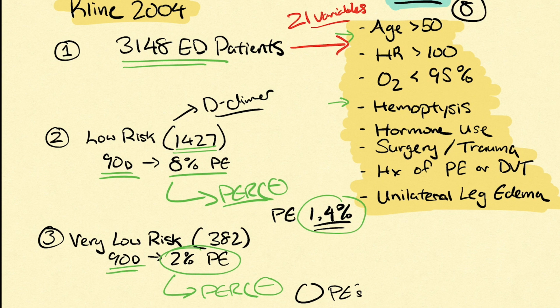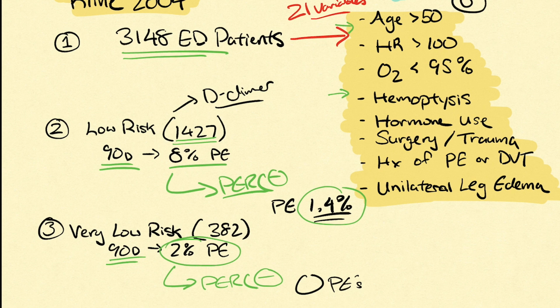That's pretty good. The one drawback from that initial 2004 study was that these are kind of small populations. The 1,400 is not bad, but in the very low risk, you only looked at like 300 people. And so the main limitation at the time was the validation aspect of it.